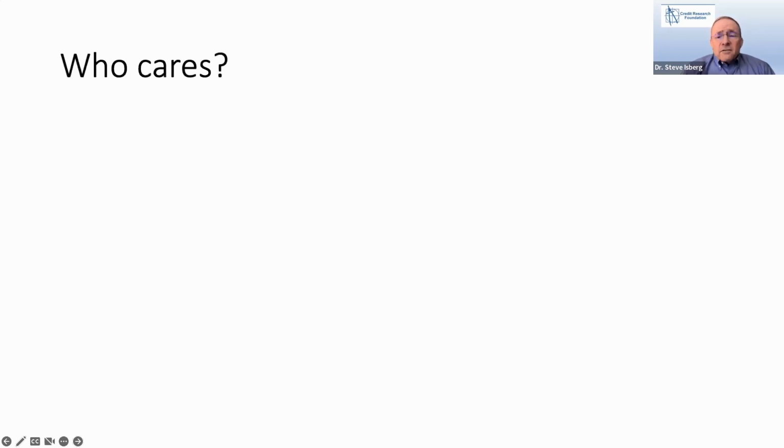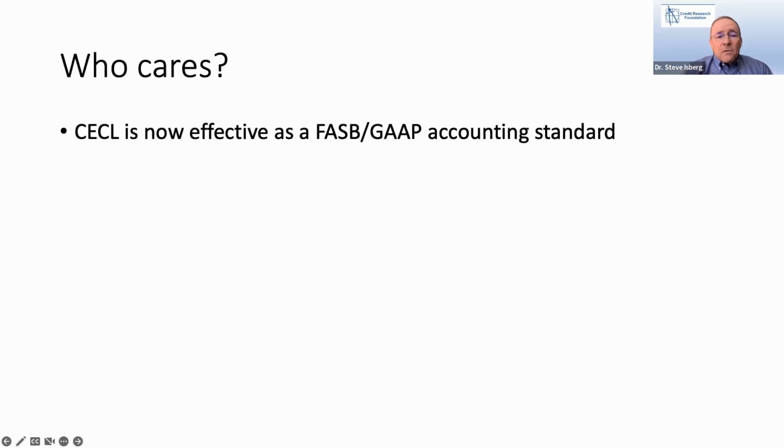So who cares about CECL? Well, CECL is now effective as a FASB GAAP accounting standard. It was codified in the ASU of 2016, written out in 2016, initially to become effective in 2019. We had some COVID deferrals, but it is now effective as a financial accounting standard.